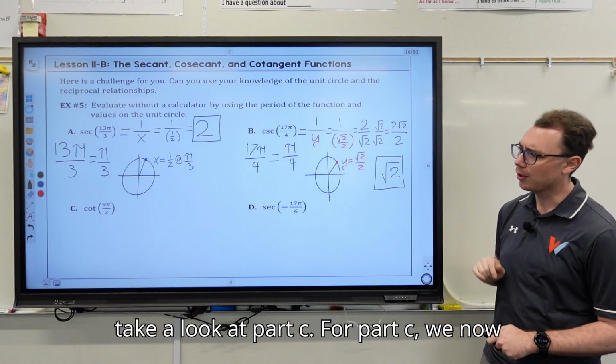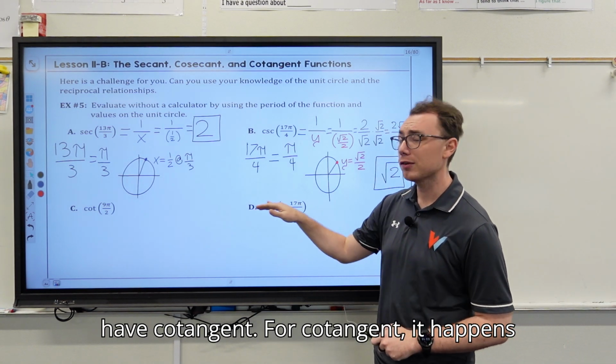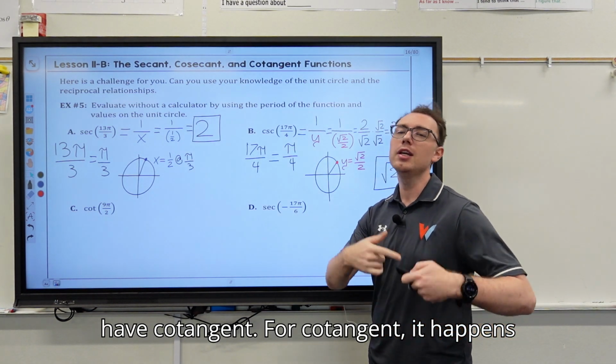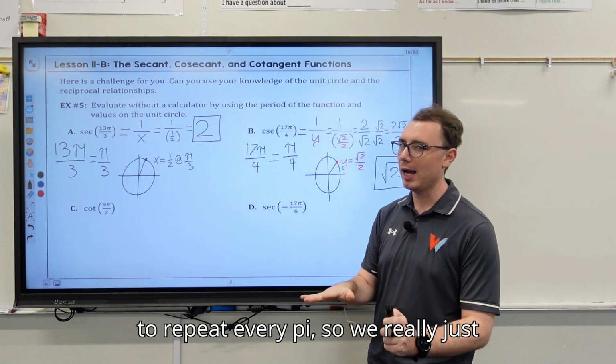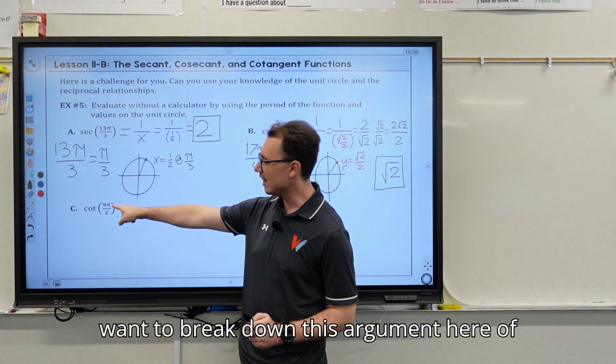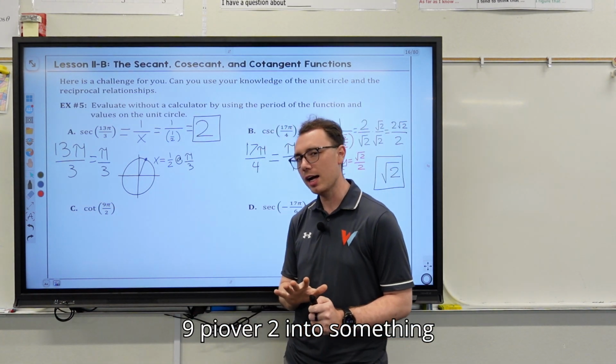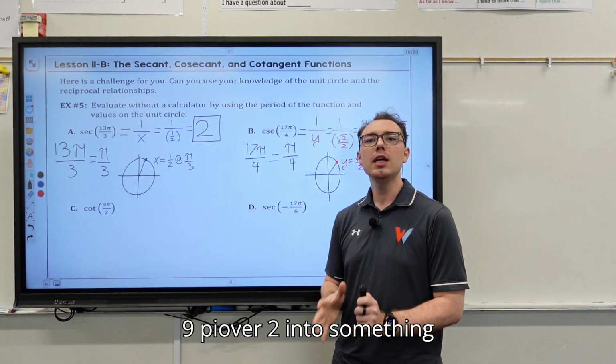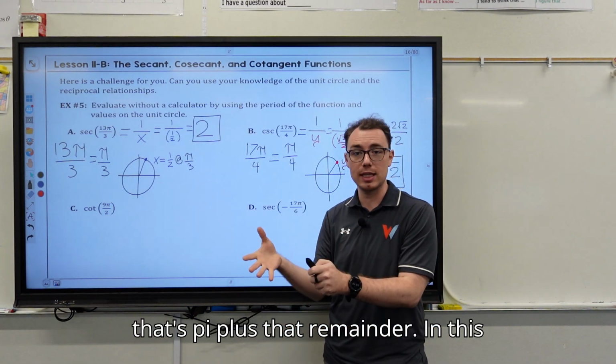Now let's take a look at part C. For part C, we now have cotangent. Cotangent happens to repeat every pi, so we really just want to break down the argument of 9 pi over 2 into something that's pi plus that remainder.